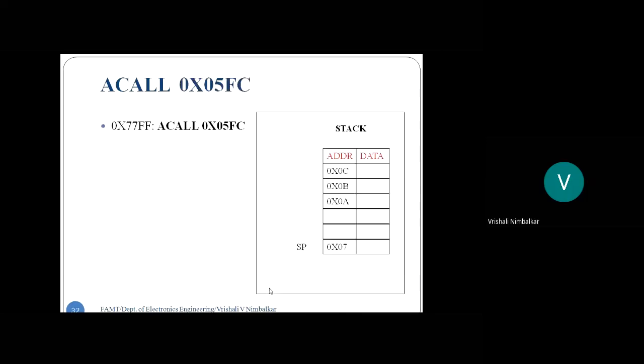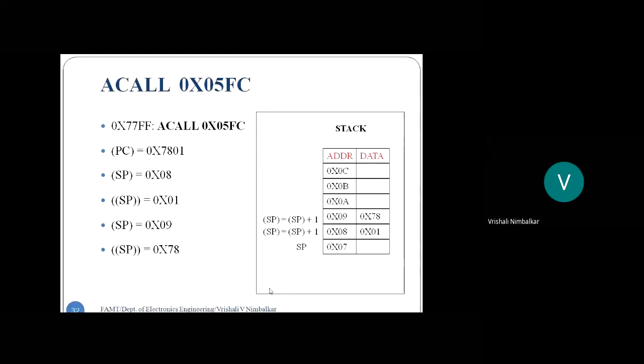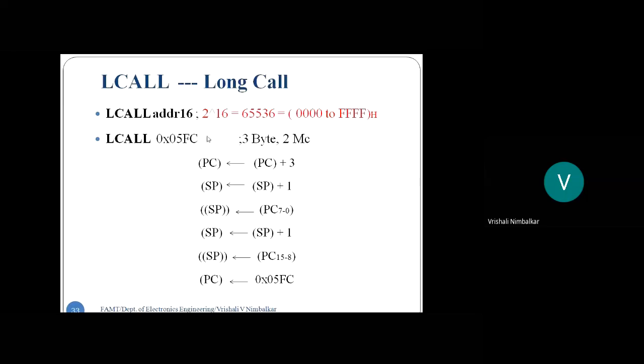Now today we will see the long call instruction, LCALL. The format is LCALL and mention a 16-bit address of the subroutine. The subroutine can be placed anywhere within the 64 KB ROM memory.